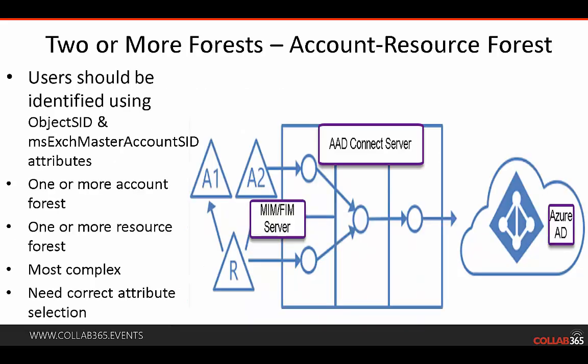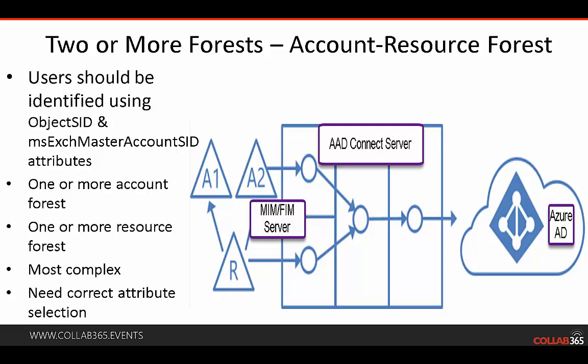All right, so the next option is two or more forests with resource forests. I would say there are account forests and resource forests. All the A's are account forests, all the R's are resource forests. In this example, I could create only one R, but you can have more than one. There's no restriction. In this design, it's not recommended or anything, but you might find this kind of configuration in an environment.